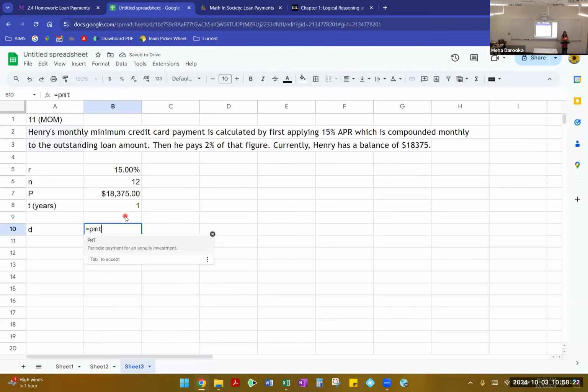Which is gonna be the PMT, and actually I'm gonna start by putting a negative sign after the equal sign, so again, we can get a positive amount. PMT. Our rate will be R divided by N, yes? That's what we've done, okay. Now for the number of periods, what are you going to do?